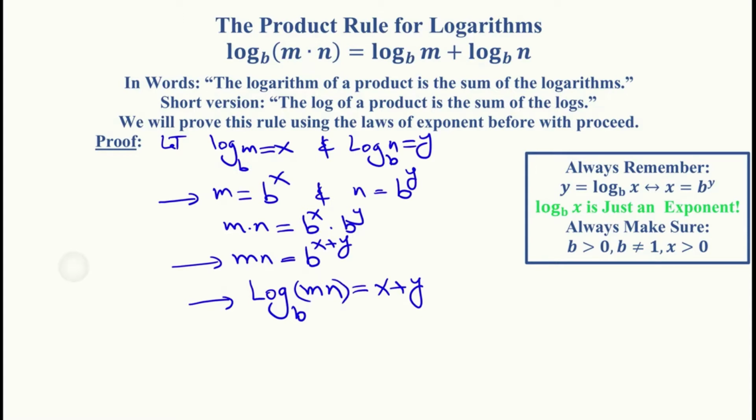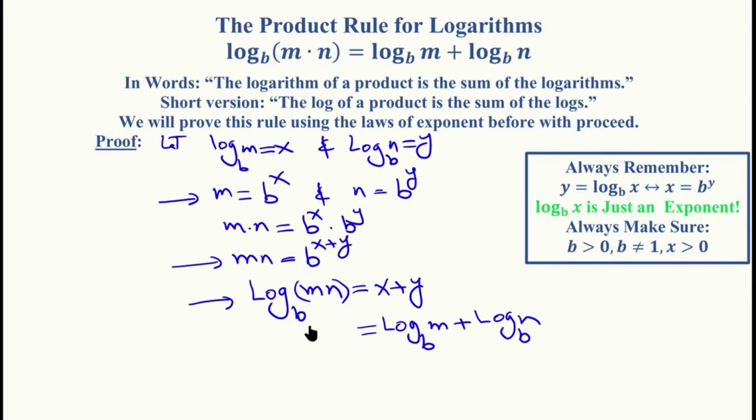And now all we're going to do is substitute. You remember what x was? x was log base b of m. And if you recall, y is just log base b of n. And that's exactly what we were trying to prove.